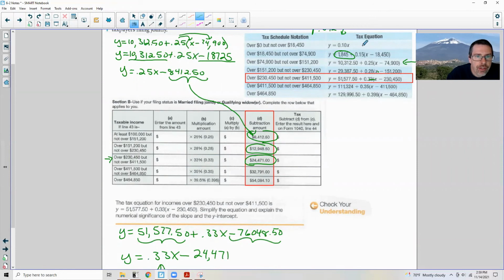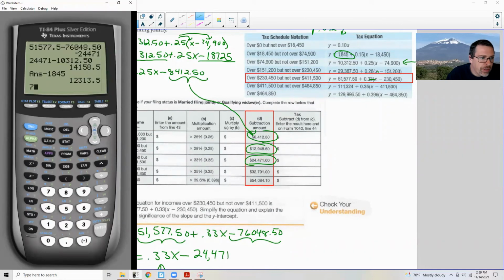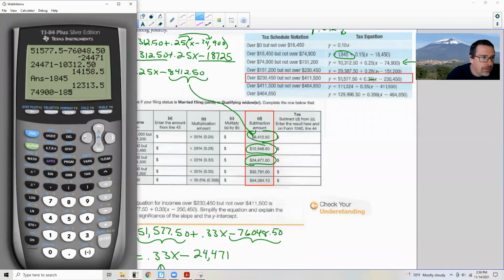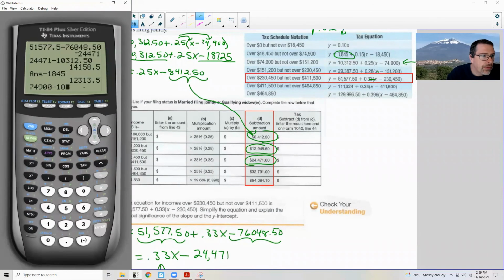15% of 74,900 minus 18,450. So if I took $74,900 minus the 18,450, the difference is $56,450, and I'm going to pay 25% of that.